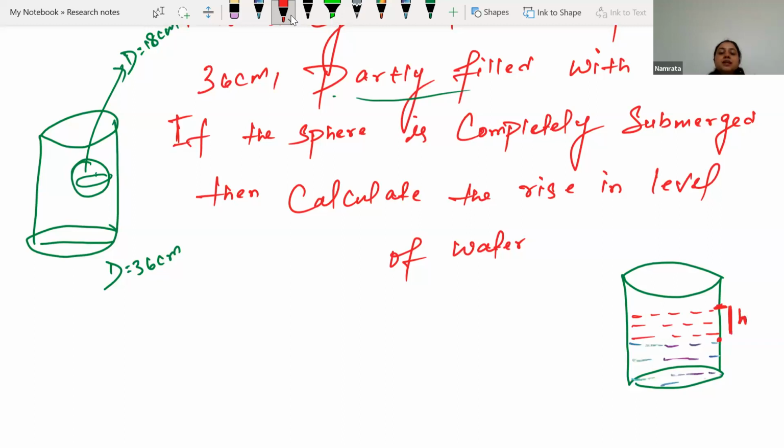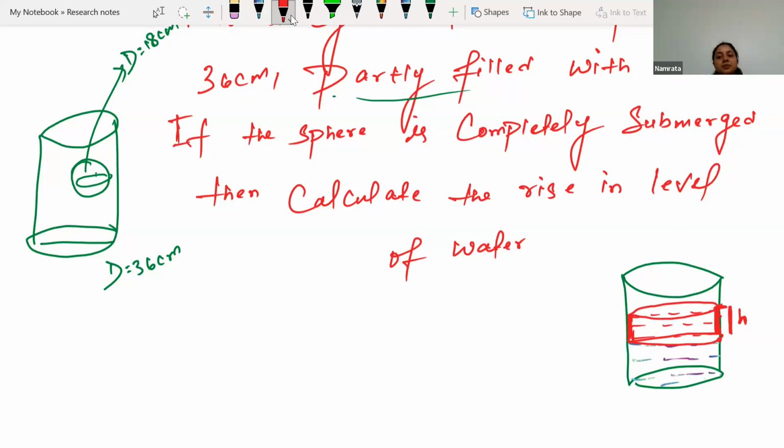So whatever is the rise in water level, whatever volume is rising in the cylinder, that volume is equal to the volume of the sphere. And we are only going to focus on this part, this much volume which is rising, that is equal to the volume of the sphere.